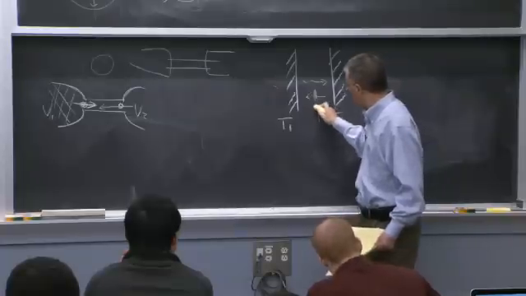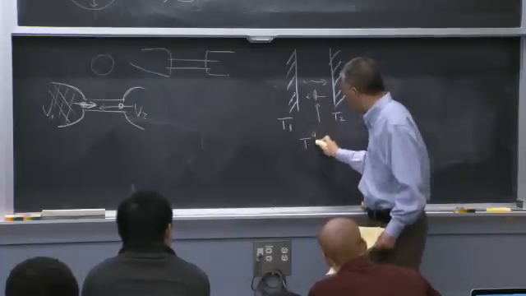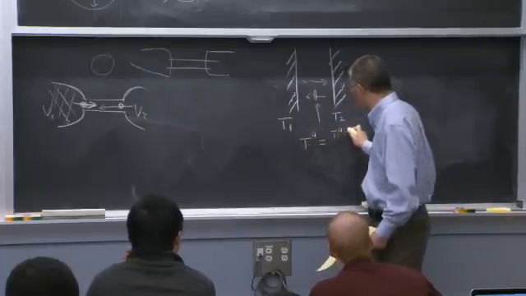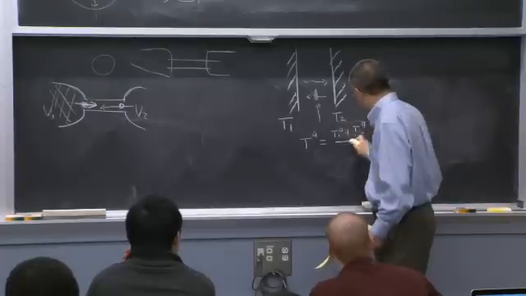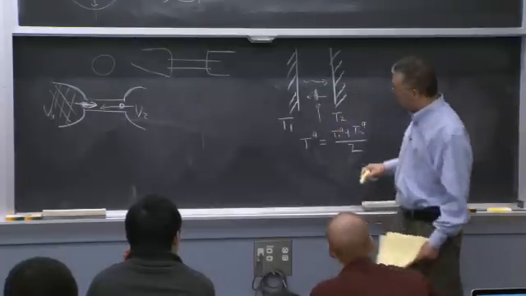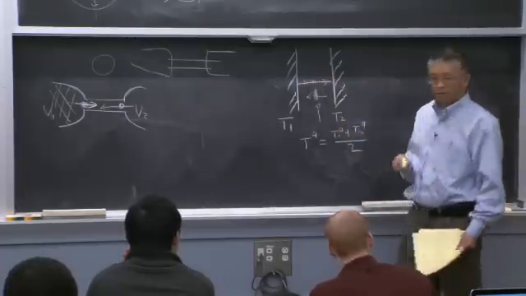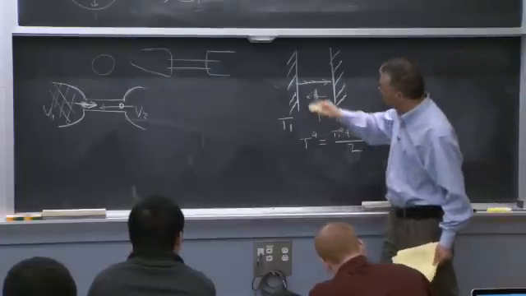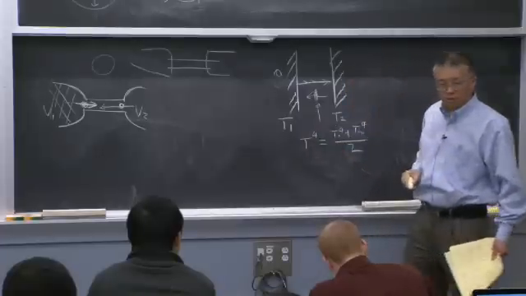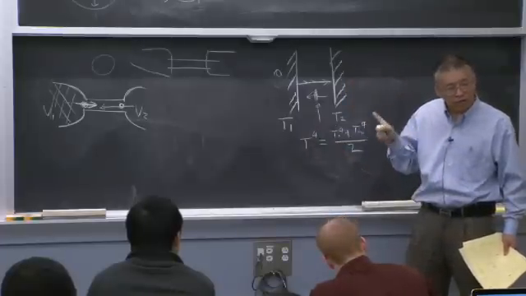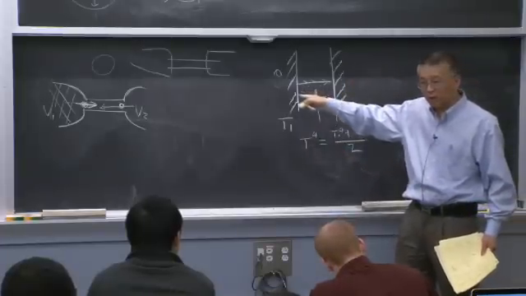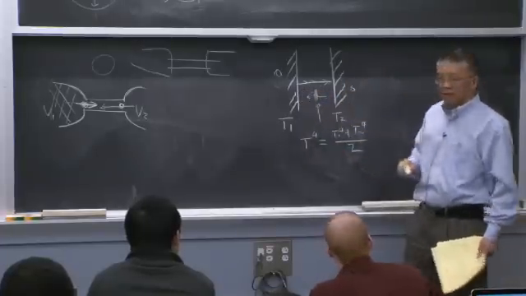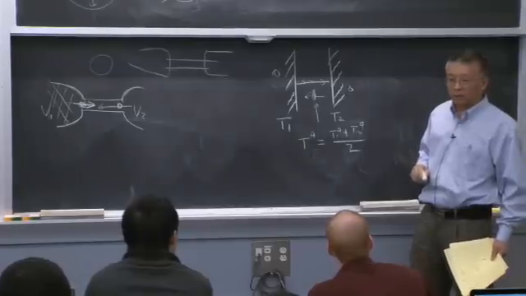So at the end, your absorber temperature will be T to the fourth equals the average of T1 to the fourth and T2 to the fourth. And that temperature is uniform here, right? But when you stick a thermocouple on this hot side, you measure not the photon temperature, you measure the solid temperature.